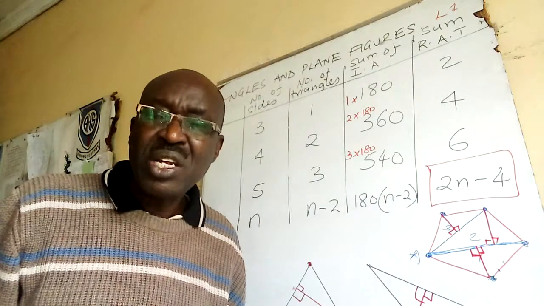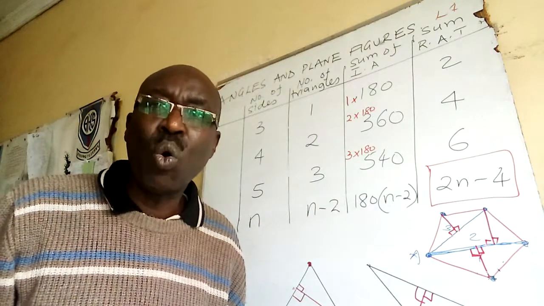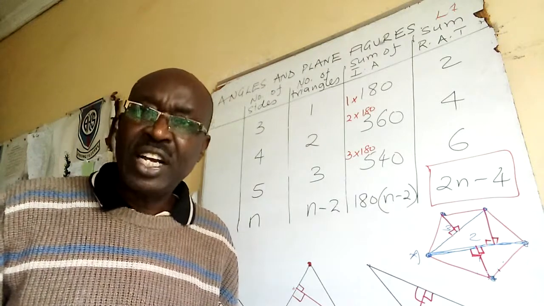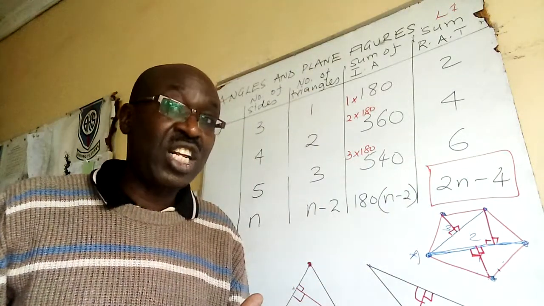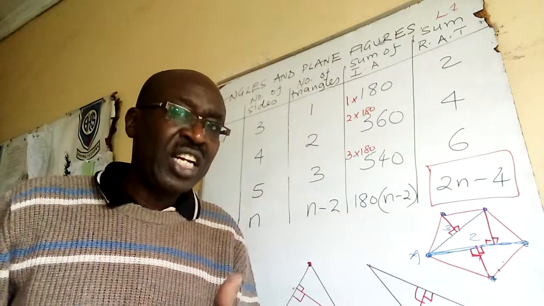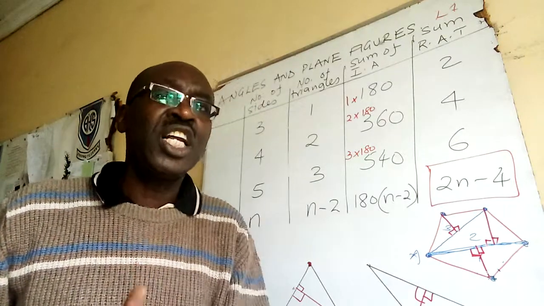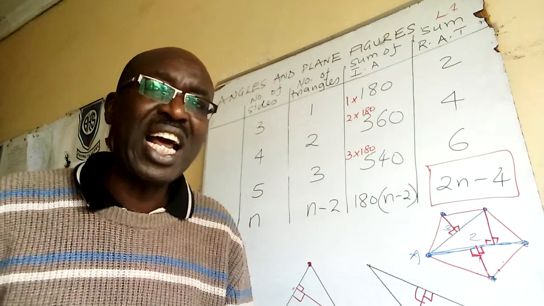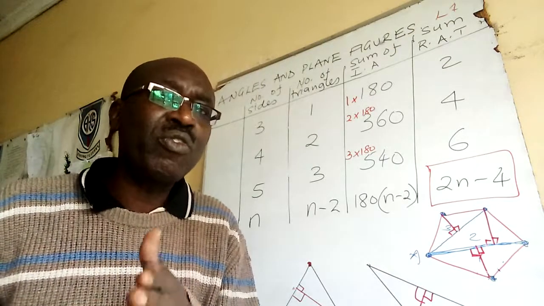What does it mean to have a right angle in a three-sided figure? A three-sided figure, first, it generates triangles. After generating triangles, they generate 90 degrees. How many right angles are there? The sum of right angles.